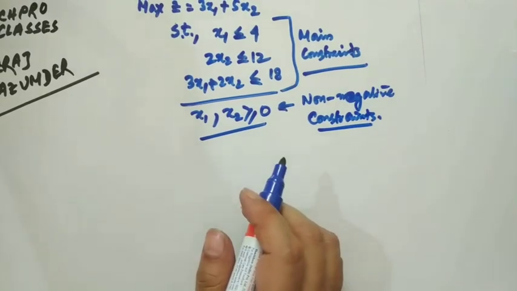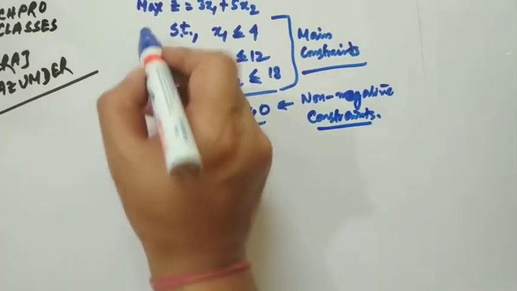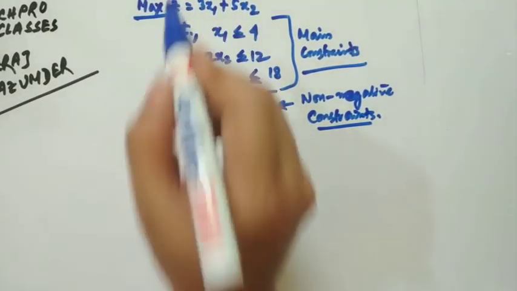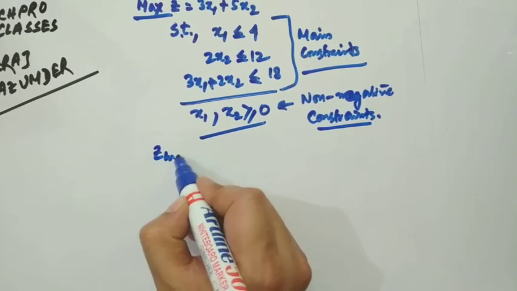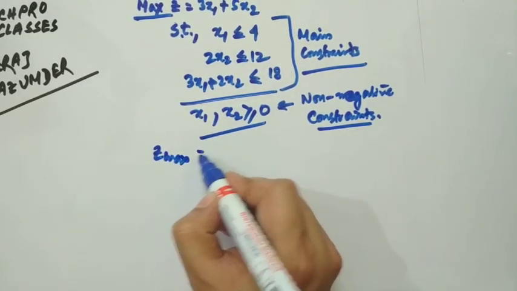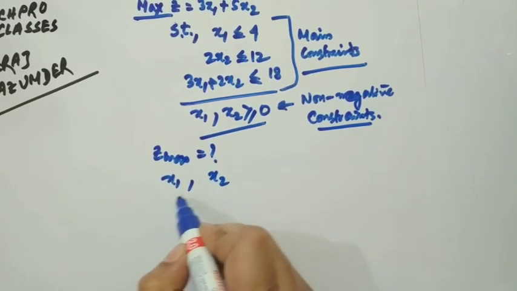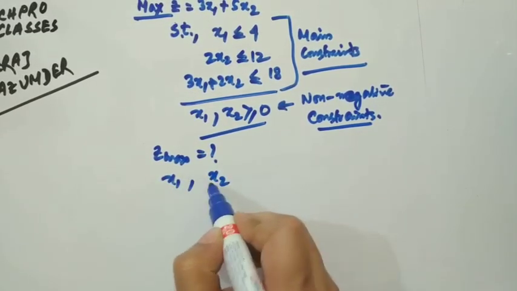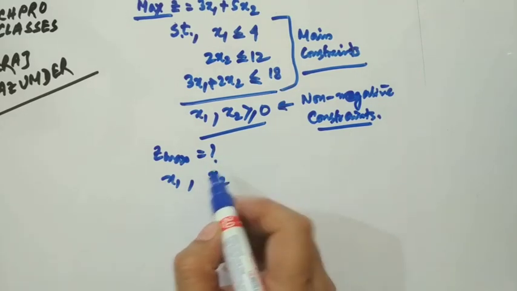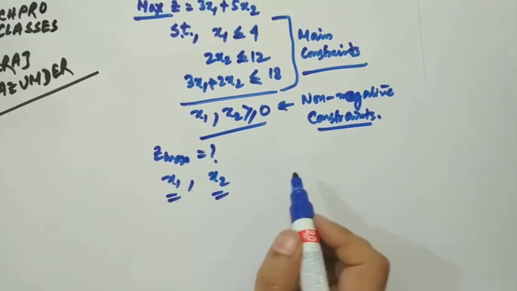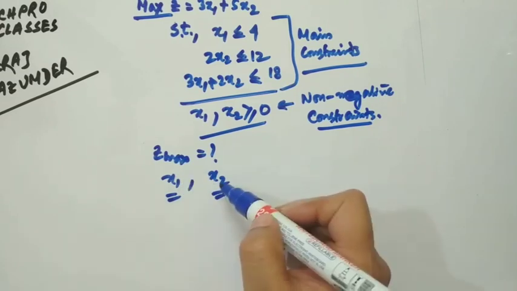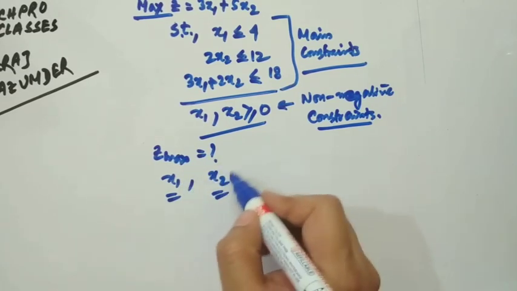Now we have to find z max, as this is a maximization problem and this is the profit. So we have to find x1 and x2, that is the best optimal solution at these particular corner points. So x1 and x2 are known as the main variables, or you can say the decision variables.